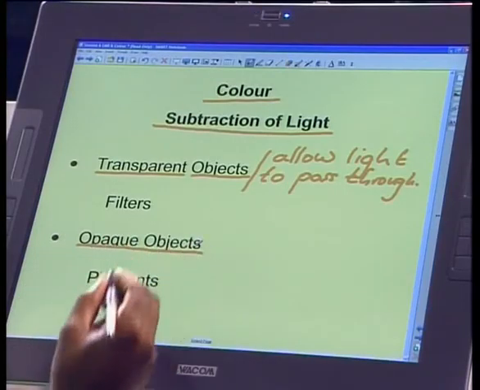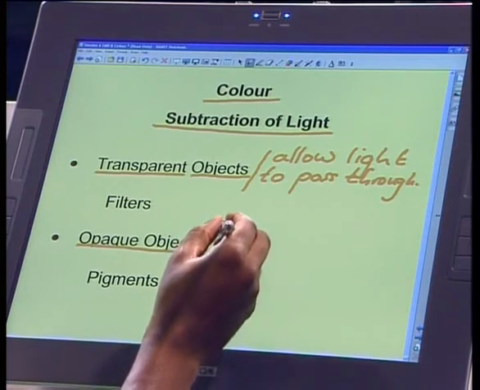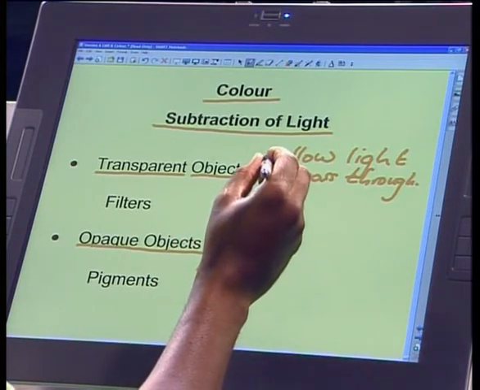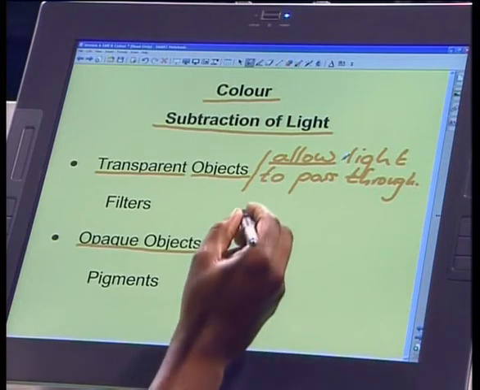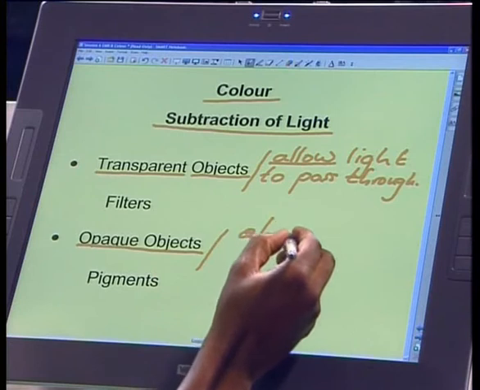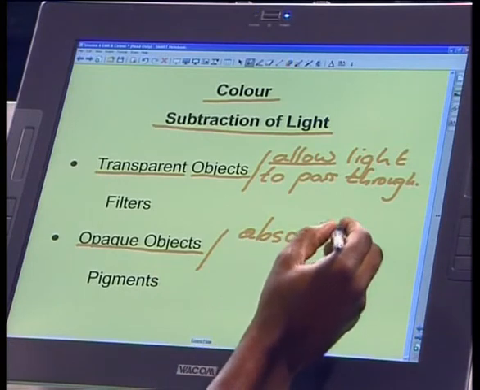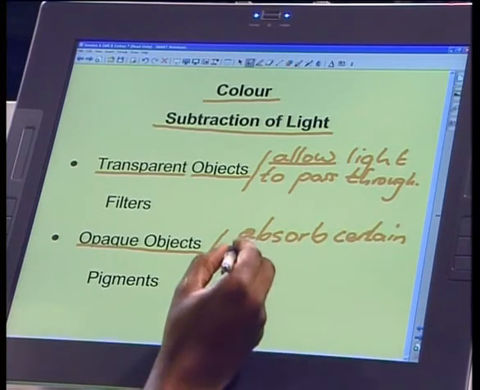Apart from transparent objects, we also have opaque objects. Opaque objects do not necessarily just allow light or different colors of light to pass through, but what they do, they absorb certain colors of light.